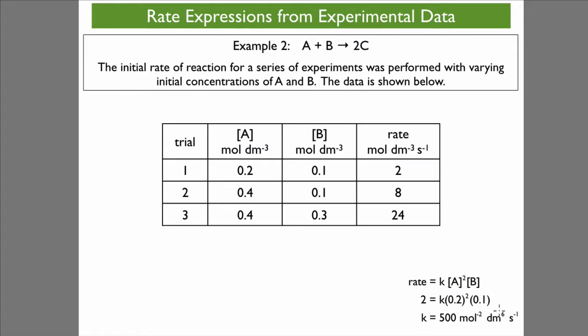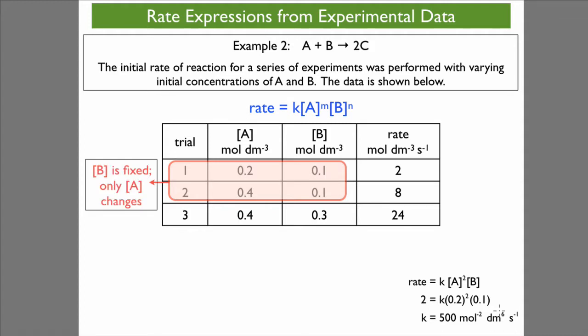Example 2. The initial rate of reaction for a series of experiments was performed with varying initial concentrations of A and B. The data is shown below. Let's write down our rate equation. You can see here that B is fixed and only A changes. A is doubling.